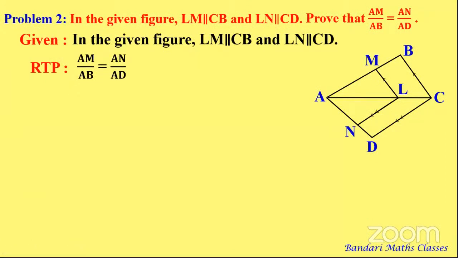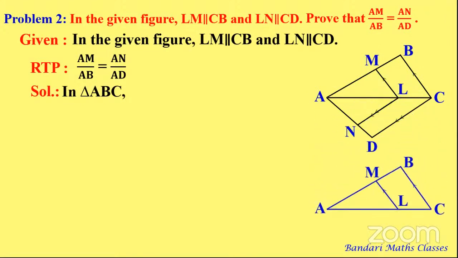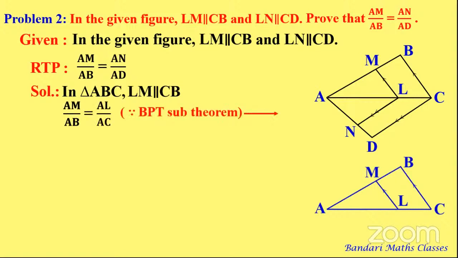We prove it by using the sub-theorem of the basic proportionality theorem. The sub-theorem, already after the theorem I explained adding one to both sides. So this is the direct solution. In triangle ABC, LM is parallel to CB, so directly we write AM by AB is equal to AL by AC.